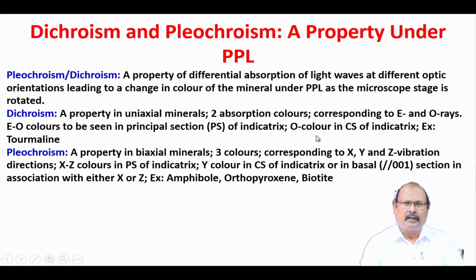But if you see the circular section of the indicatrix, you will have only the color corresponding to the O vibration direction. And the best example of a dichroic mineral is tourmaline.